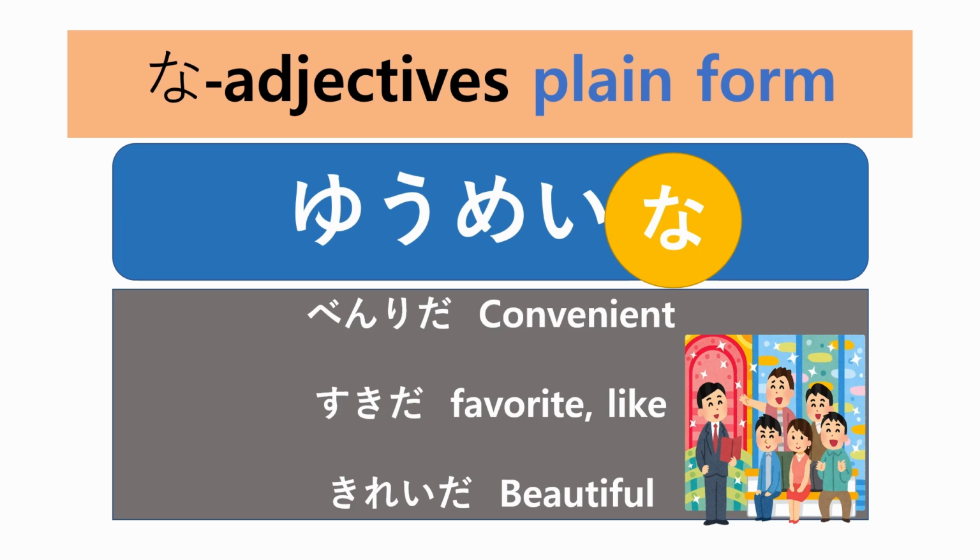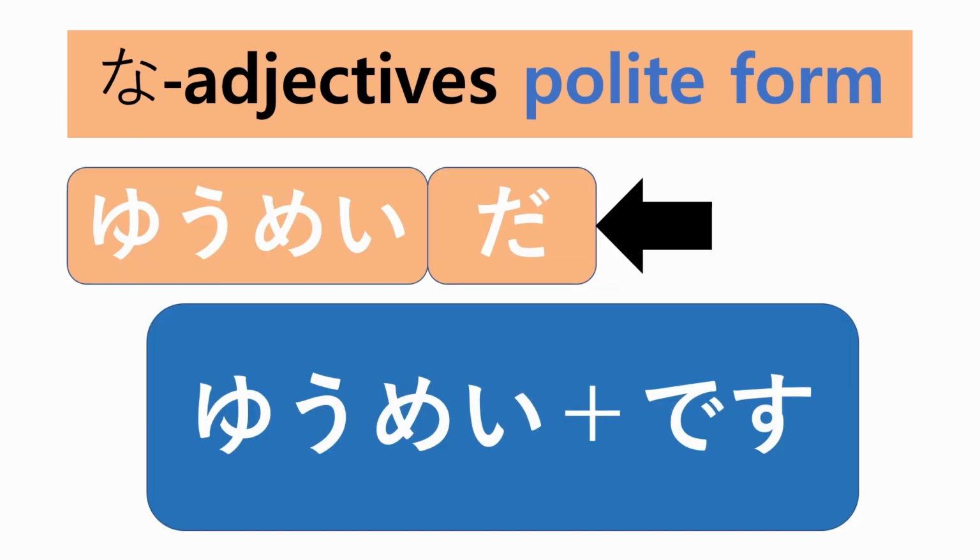便利だ。便利な。好きだ。好きな。きれいだ。きれいな。Let's look at the polite form of na-adjectives. To make the polite form, you remove the basic form だ and add です to the stem. 有名だ.